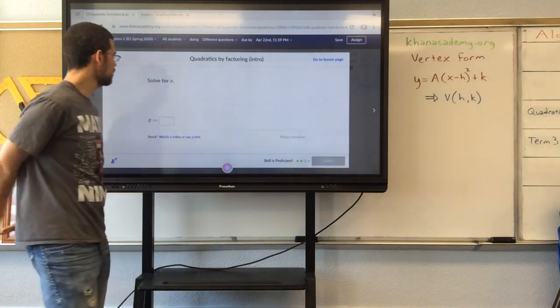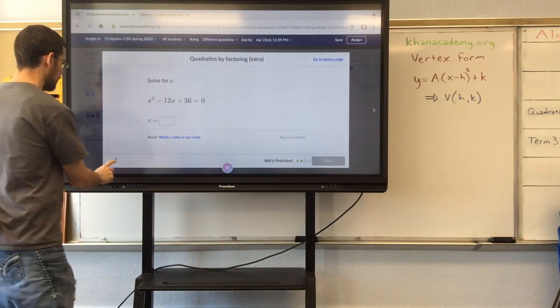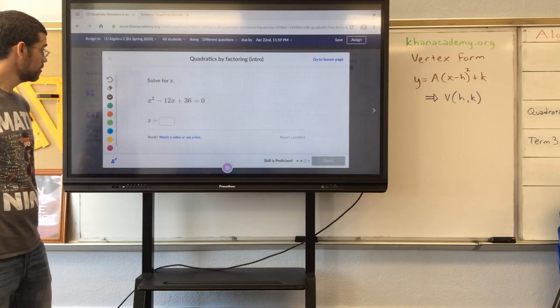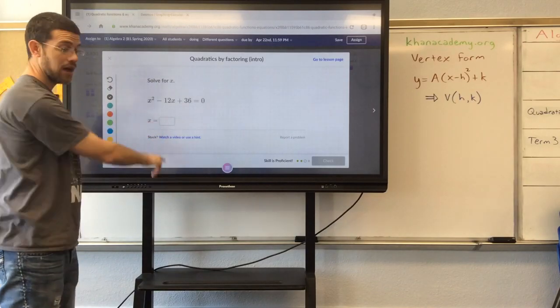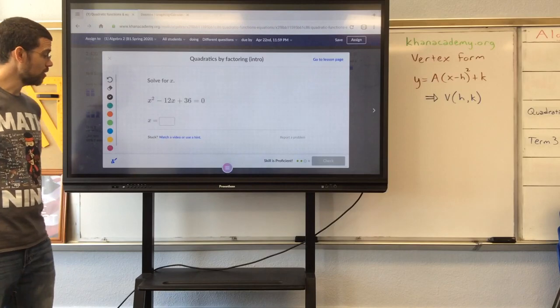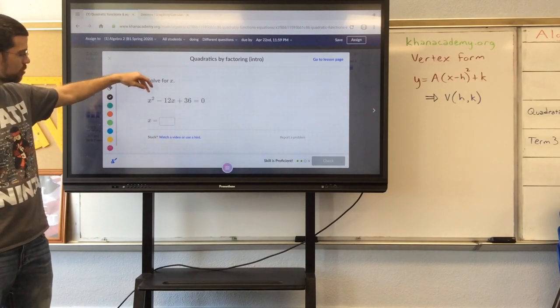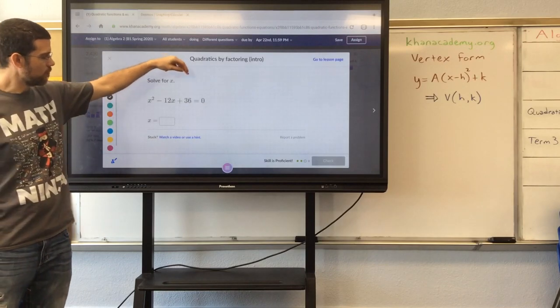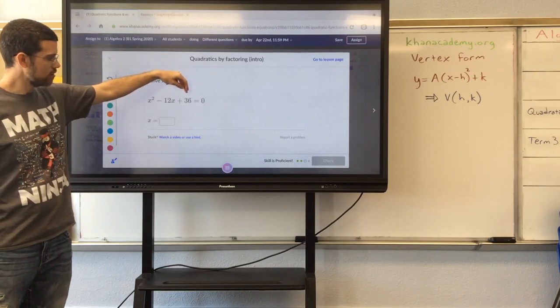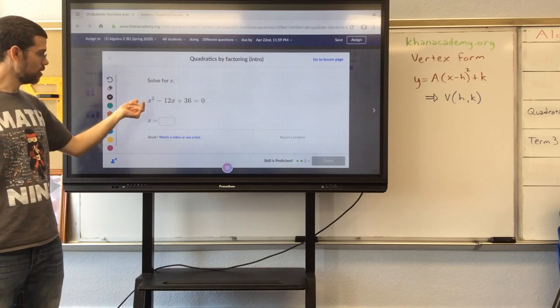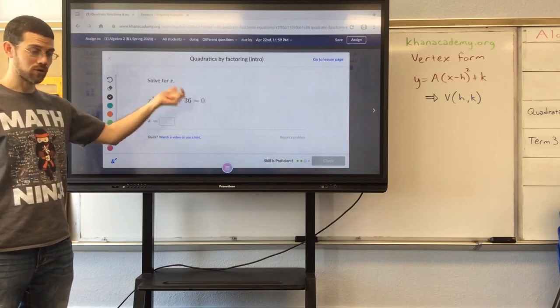Next question. We want to factor that. This is a perfect square trinomial, so we're only going to have one result. How do I know that? Well, the first term is squared, the final constant is a square, and the middle term is 2 times the square root of the first term times the square root of the second term.